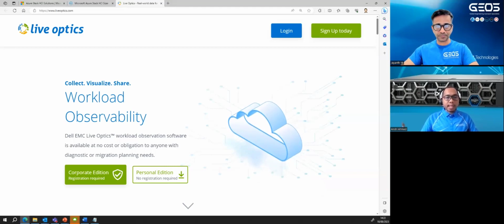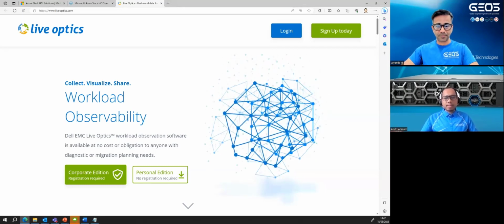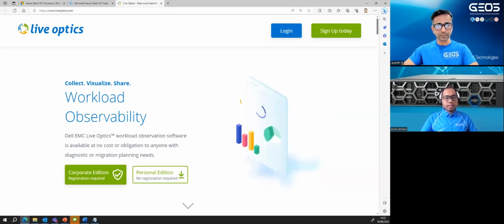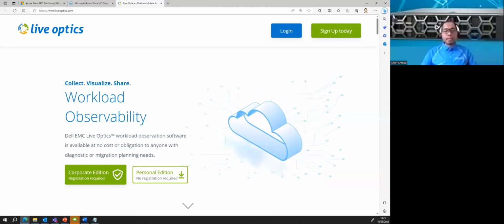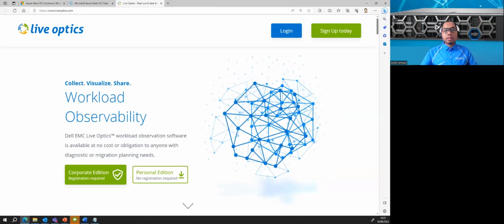A data-driven sizing is always best to get the right sizing, so it will not be undersizing or oversizing, because we want to have a very cost-effective TCO. Dell also provides some tools to gather information, especially if you want to migrate some of your existing workload into the Azure Stack HCI platform.